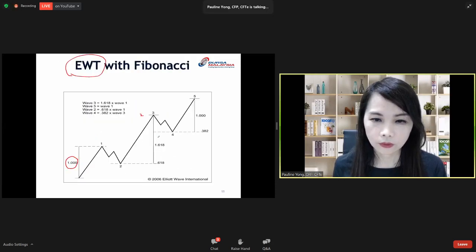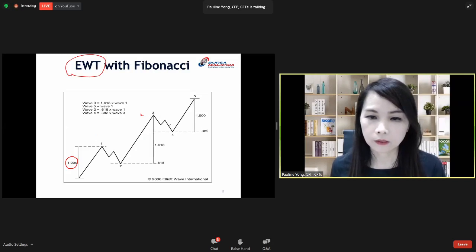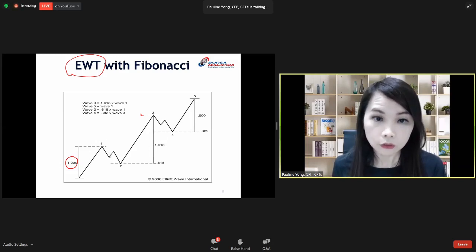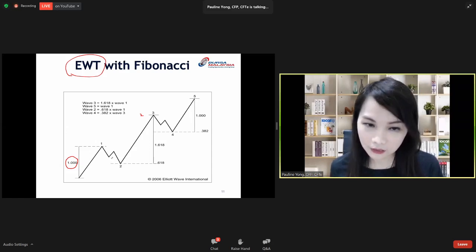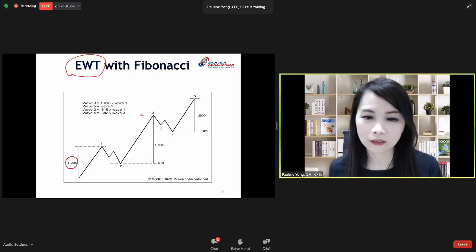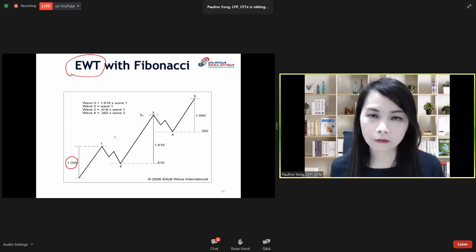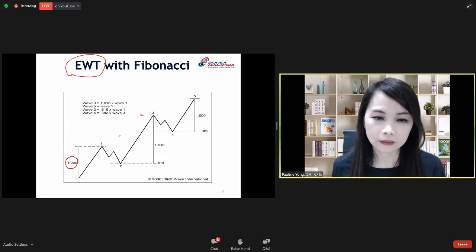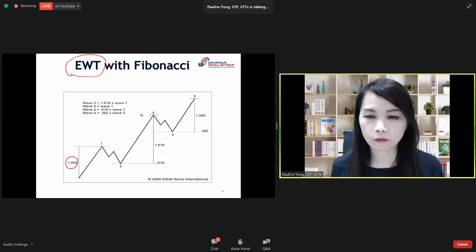Okay, so here it is saying that wave number 4 will be shorter and not more than 50%, whereas wave number 2 can have more than 50%. Okay, but as I said, in the real world, this rule may not hold. However, the basic concept is like this, meaning that you must see 5 waves, 1, 2, 3, 4, 5.